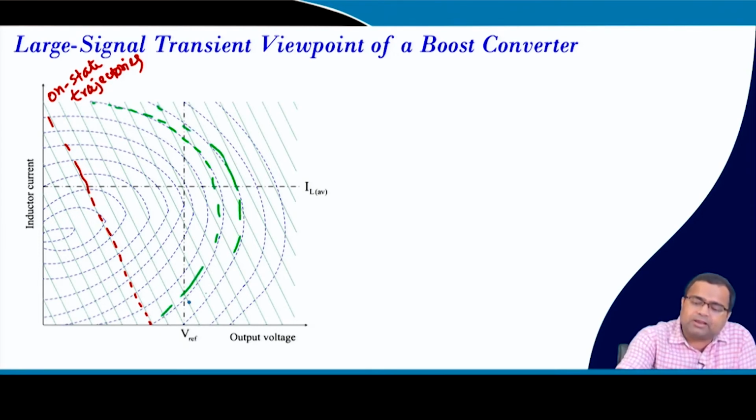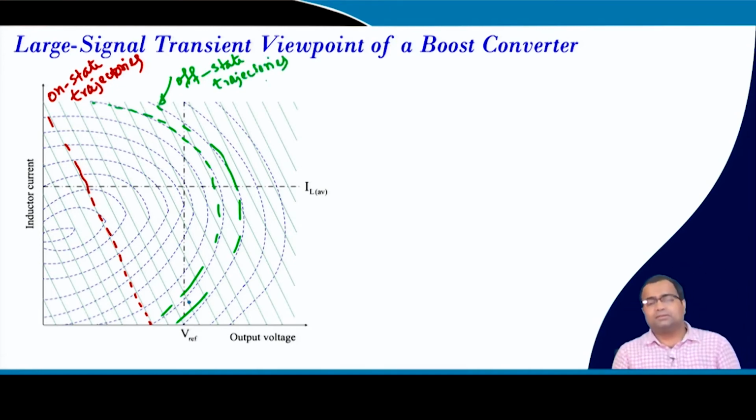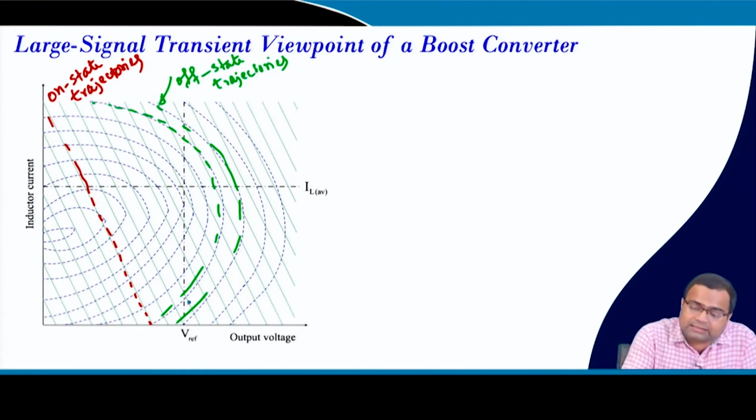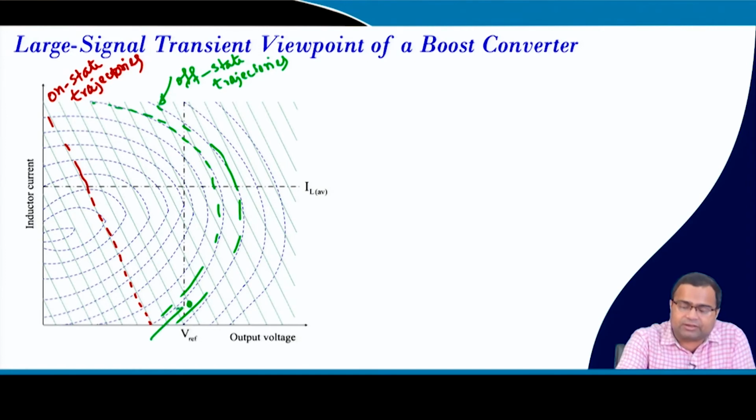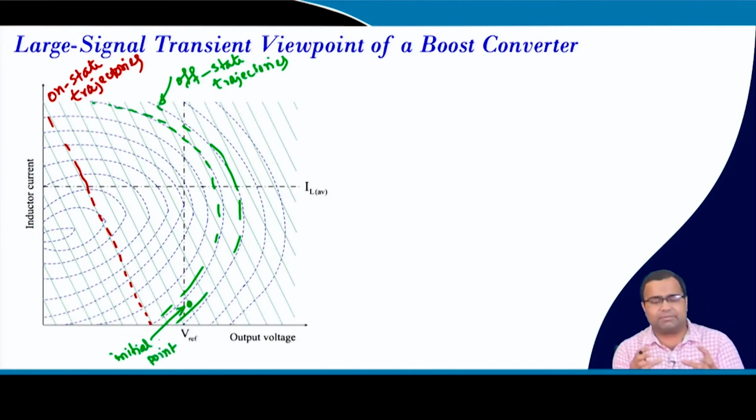So, there is a family of these curves, these are my off state trajectories. Okay. Now, let us start. This is my starting point, this is my initial condition, and it can be a starting point or any arbitrary point.